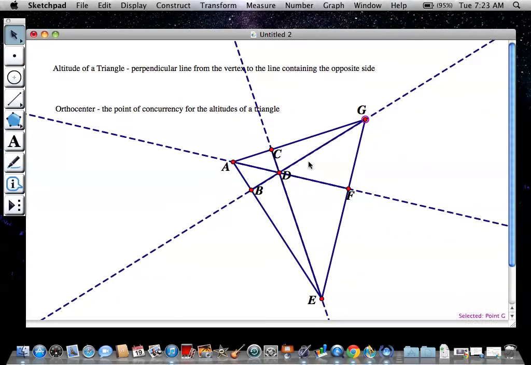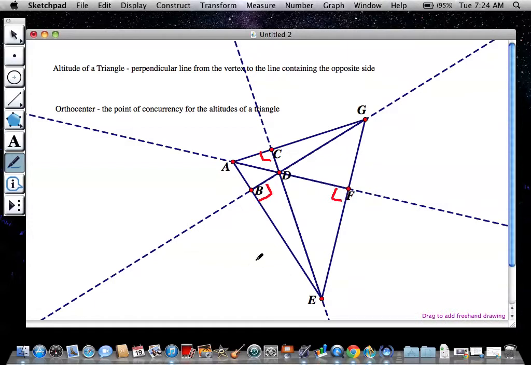So right here, E, if I draw the line from E to AG and it hits at point C, in order for EC to be an altitude, this has to be a 90-degree angle. From G to B, in order for it to be an altitude, it has to be at a 90-degree angle. From A to F, this has to be a 90-degree angle.